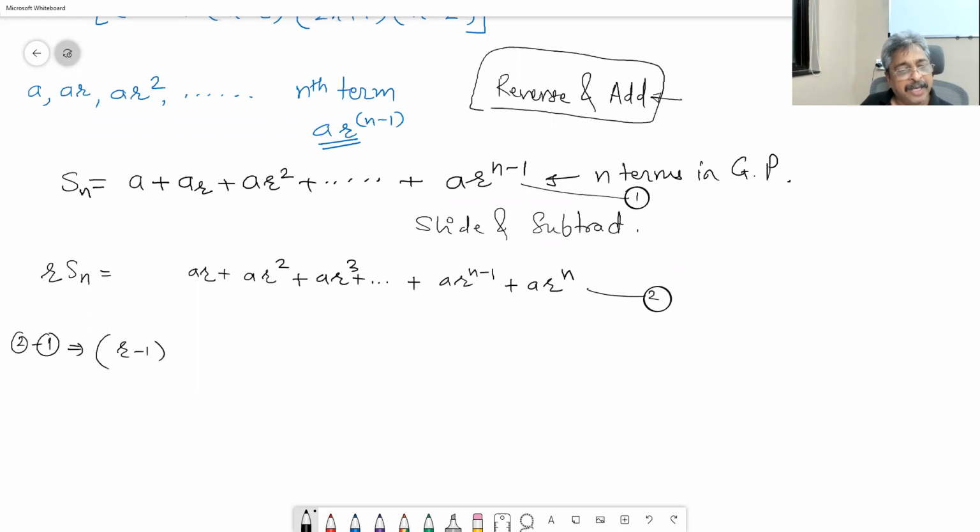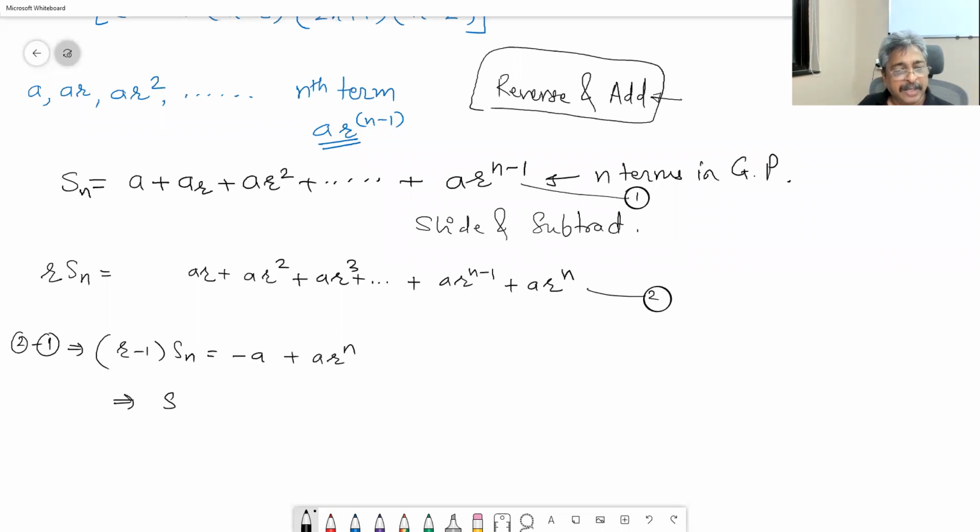r minus 1 times Sn is equal to a, the terms: minus a, ar minus ar, gone. Ar square minus ar square, gone, gone, gone. What remains is plus ar raised to n.